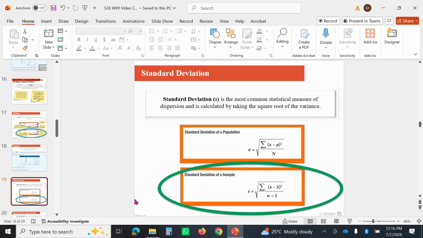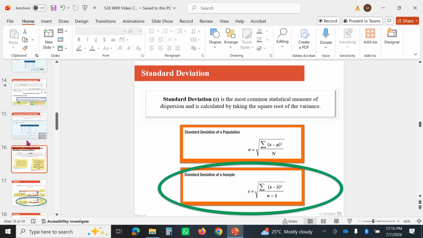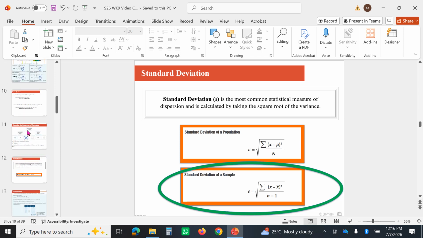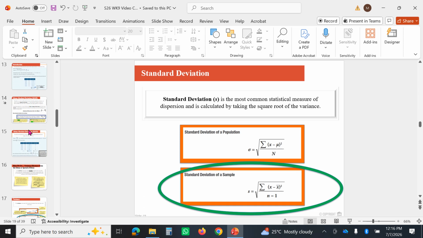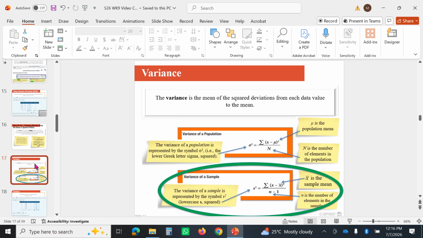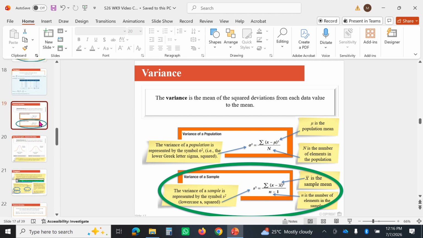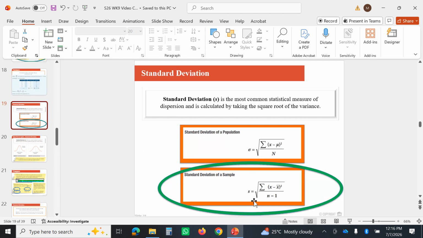So you'll notice, let's go back. Where did my formula go? You'll see that when you're talking variance, it was sigma squared for variance of a population. Variance of a sample was just S squared. When you're talking standard deviation, you have to square root. So you'll notice that S squared is now gone.